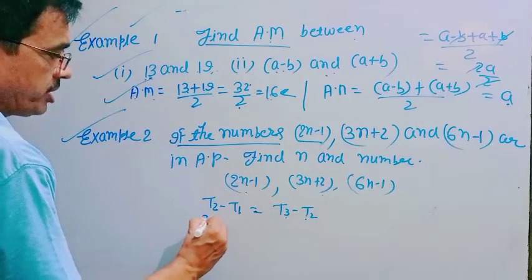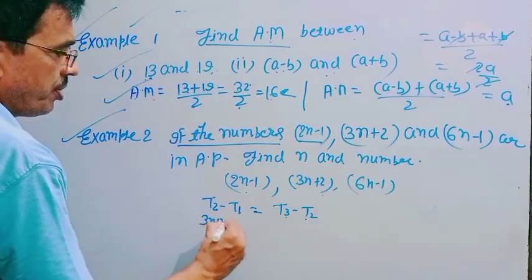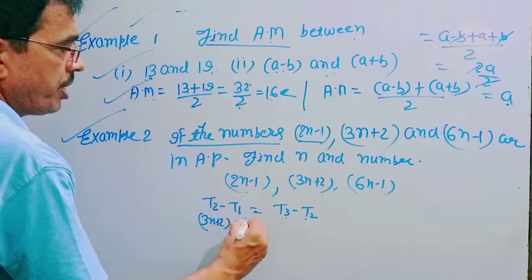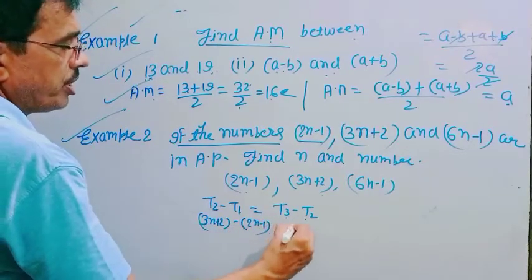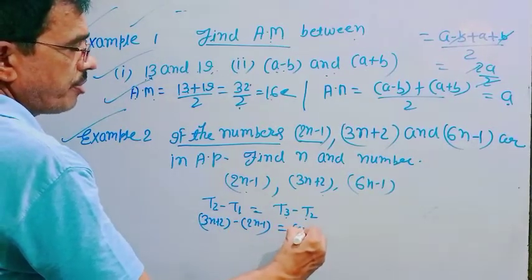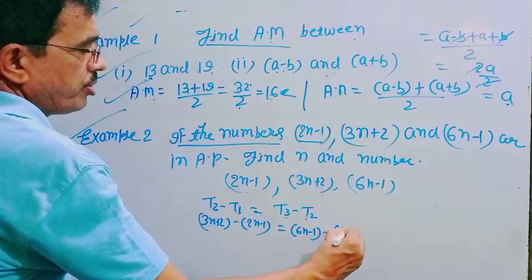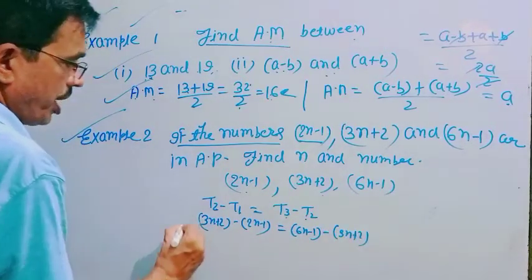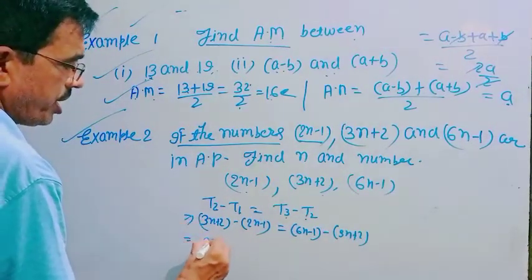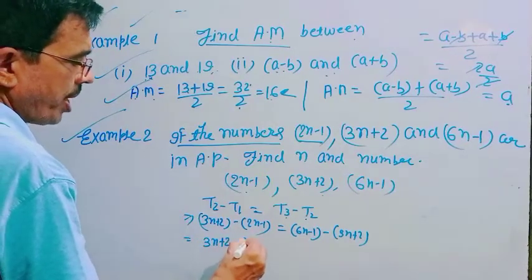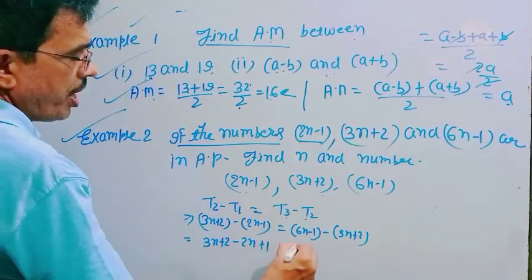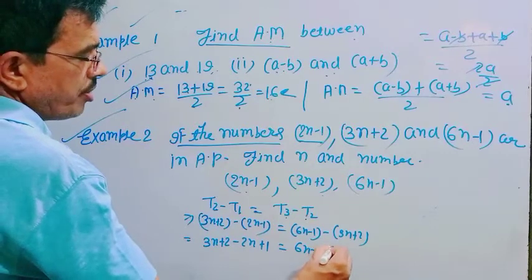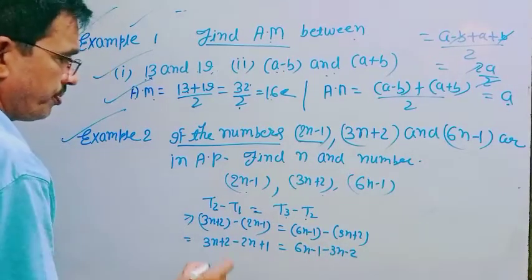What is T2? That is 3n plus 2, minus T1, 2n minus 1. T3 is 6n minus 1, and T2 is 3n plus 2. Solve it, then you get 3n plus 2 minus 2n plus 1, and 6n minus 1 minus 3n minus 2.